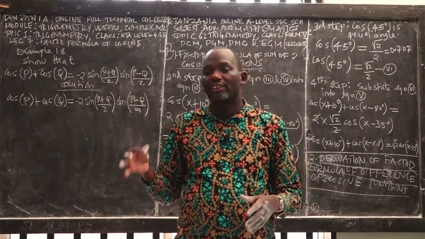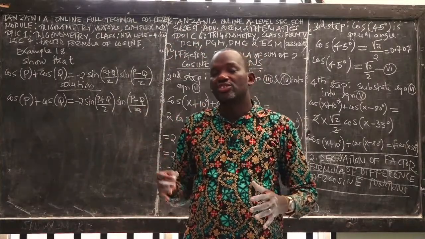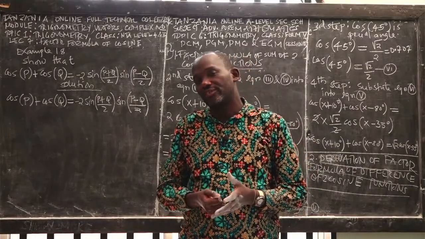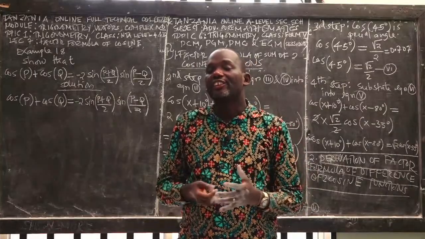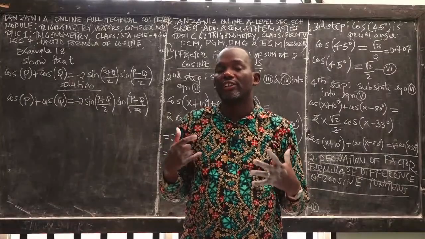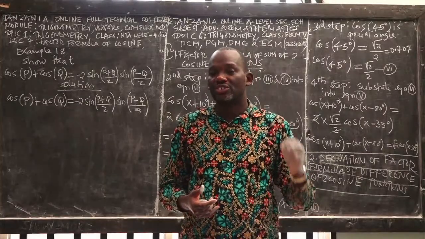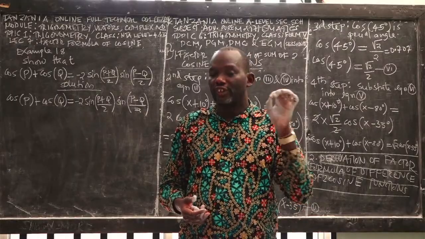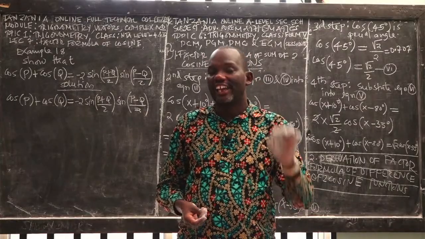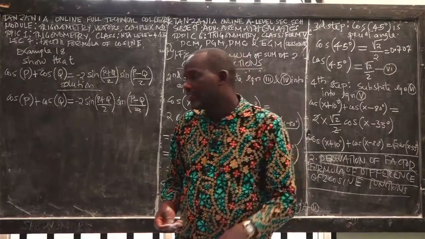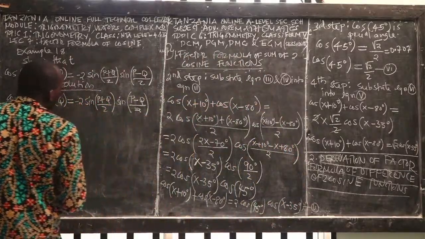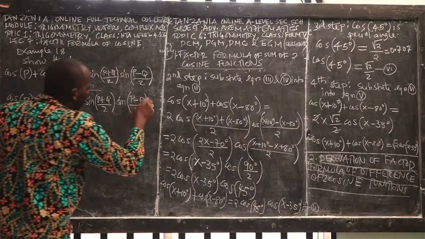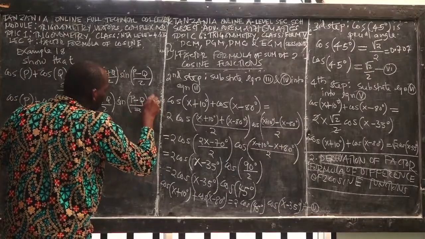The right hand side of the factor formula of sine consists of sine and cosine functions, while the right hand side of the factor formula of cosine consists of either cosine and cosine or sine and sine. Bear that in your mind. Right. So let us number this one as equation 1.